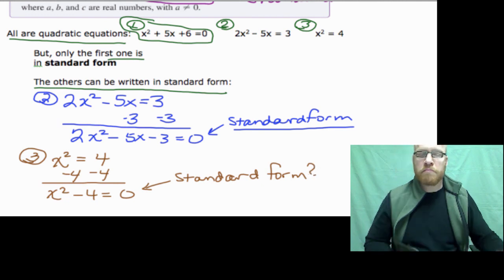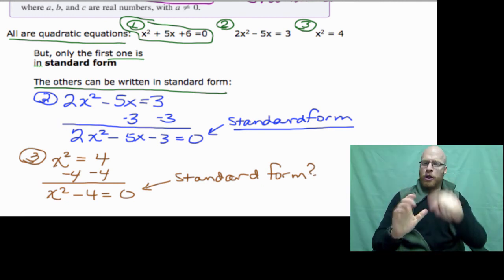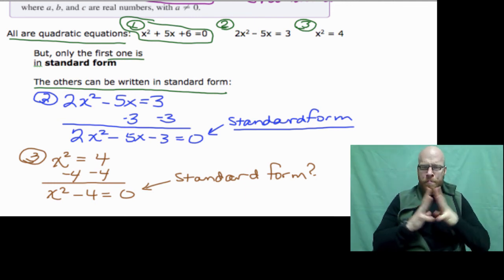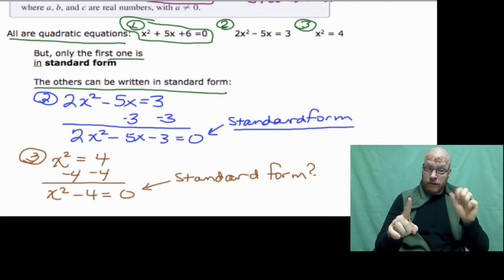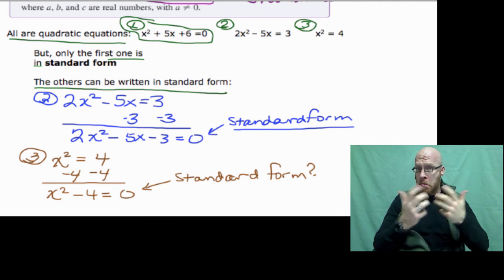Now, this is in standard form. As we see, we have x squared minus 4 equals 0. Now, is it really standard form or not? Well, let's look at it.